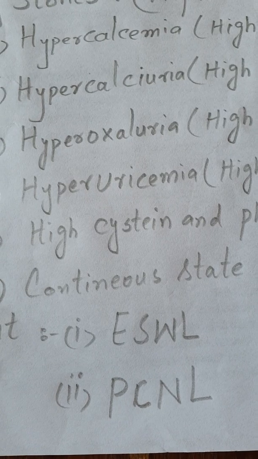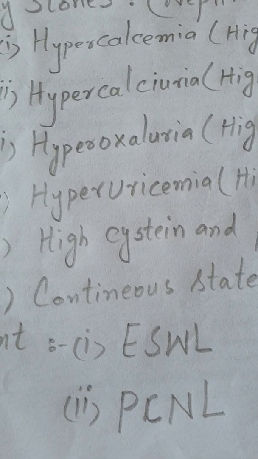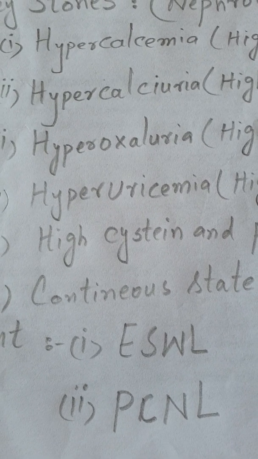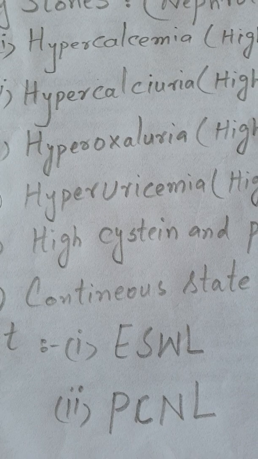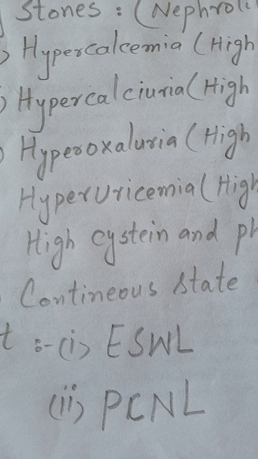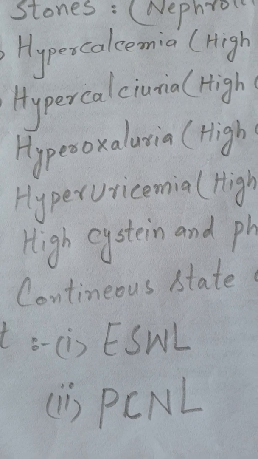Extracorporeal shock wave lithotripsy is the insertion of the waves inside the body of the patient, and the stones are broken down into small pieces or sand, and then that sand comes out of the patient body.